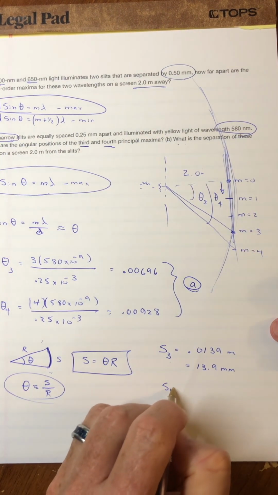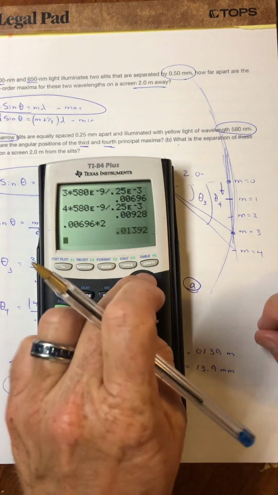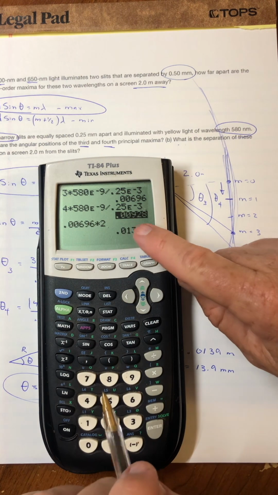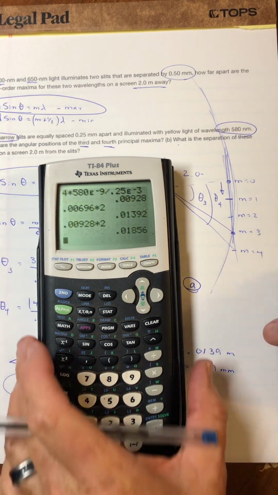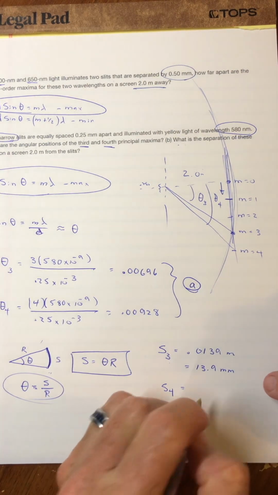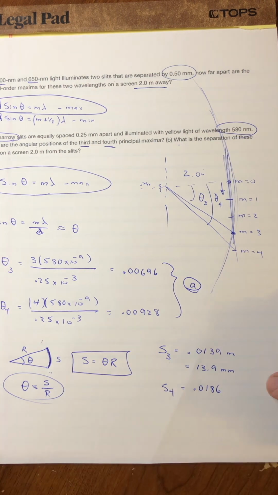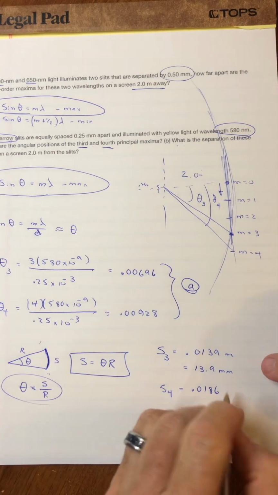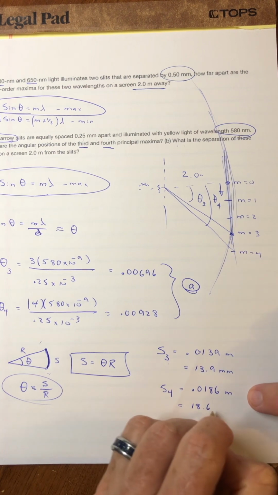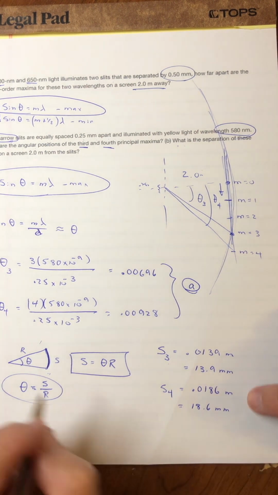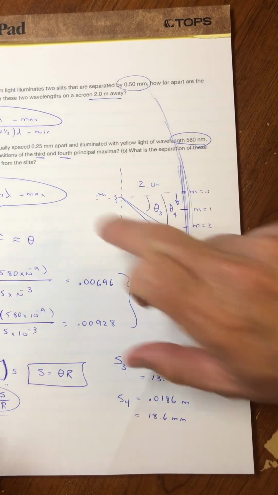And then S4 is that same logic, taking that angle, 0.00928, and multiplying it by my 2 meters. And we're looking at 0.0186 meters, or you might say 18.6 millimeters. And of course, the question in B says, what is the separation?